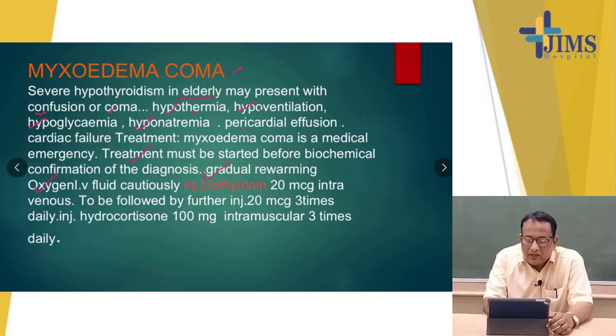Then give oxygen, give IV fluid very cautiously, but you have to give levothyroxine or liothyronine 20 microgram intravenously, to be followed by further injection of 20 microgram 3 times a day, and along with it you can give hydrocortisone intramuscularly 3 times a day. So this is a very, very serious situation. Unless you have a high index of suspicion, you miss the case, and whenever you suspect it, you send the blood for investigations but start treatment. If it is not available, then you can give a loading dose of thyroxine through Ryle's tube.